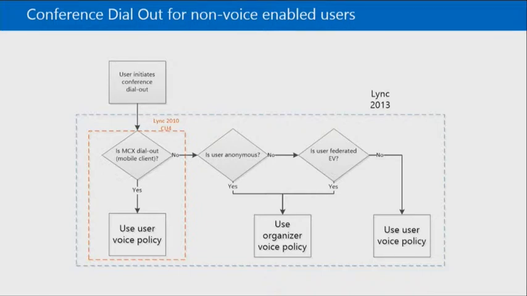So if I am in another Microsoft conference, when I try and do the dial out, it in fact uses my voice policies to do that dial out, not the conference organizer's policies. Yeah. So if I'm joining your meeting, I'm Microsoft joining a Microsoft meeting, I want to call back, it's based off my voice policies, not the organizer's policies at that point.